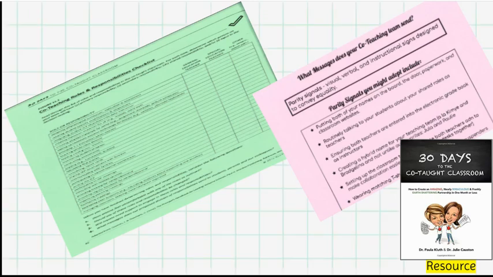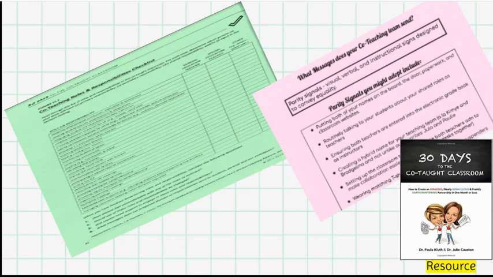The other resources that are very powerful when you're developing a partnership is understanding the roles and responsibilities. We'll dive a little bit deeper into this in a second, but in this book, 30 Days to the Co-Taught Classroom, there are so many activities that are rich in helping you to develop this true co-teaching team.